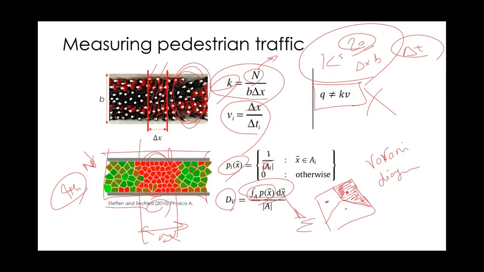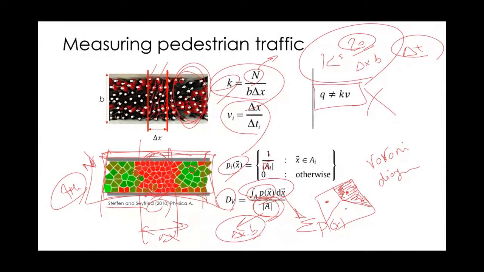This is basically equal to summing all the p_i's divided by the total area of the measurement. If I'm looking at the entire corridor, the A in the denominator is the area of the corridor, or the area of any delta x multiplied by b. So this would be delta x multiplied by b here.